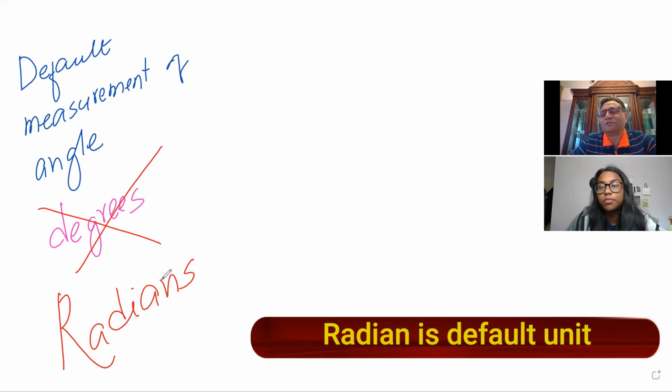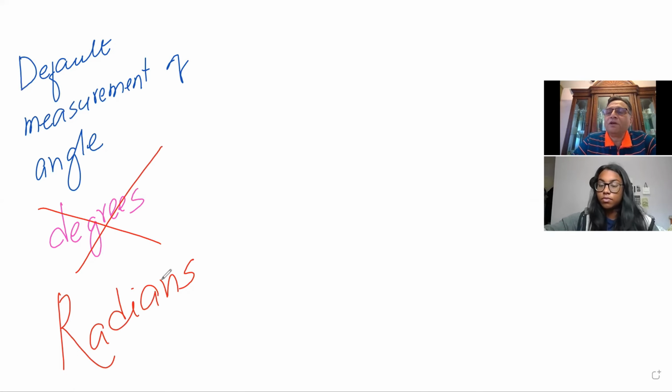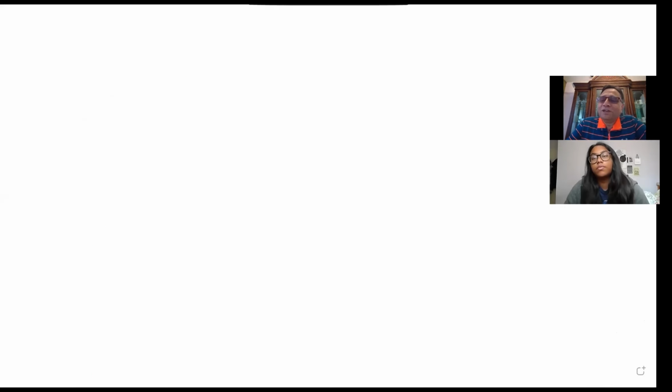So basic laws which we follow in calculus, the derivatives and the limits, they're only applicable if trigonometric functions are measured in radians. So radians actually is the default unit for trigonometry. Is it okay? So now you know that the default unit for measuring angles is radians.